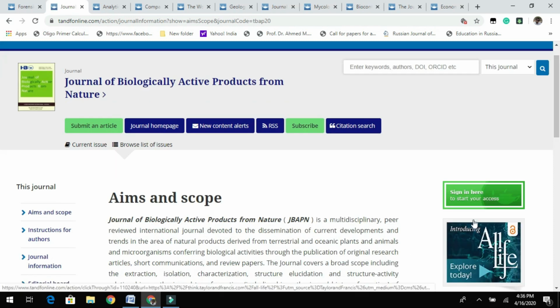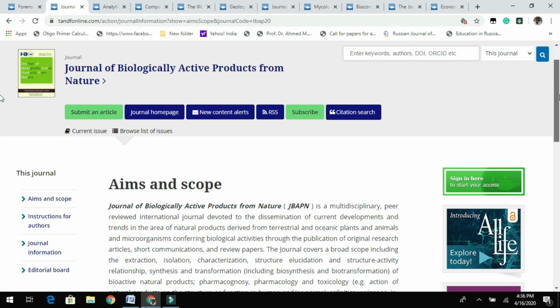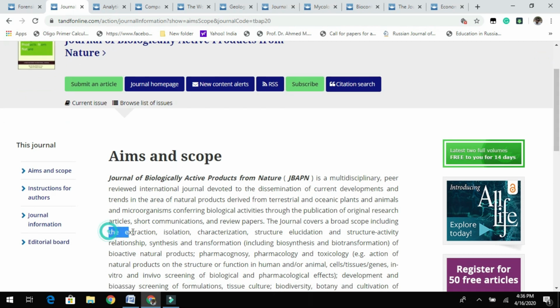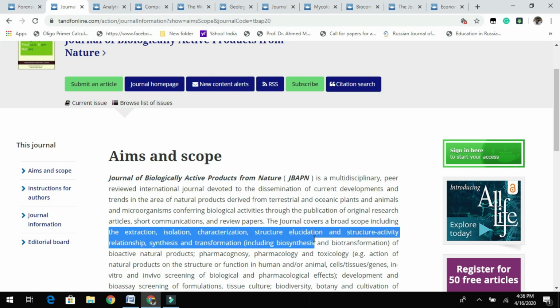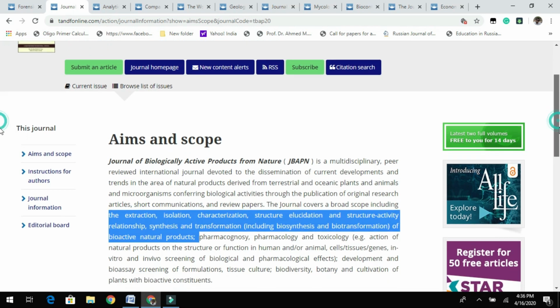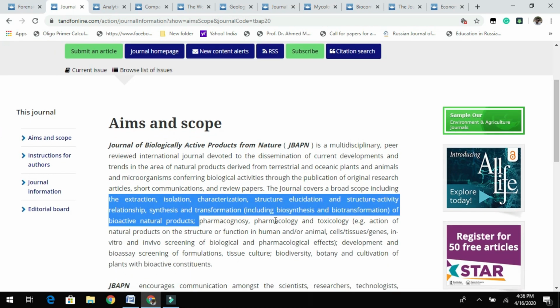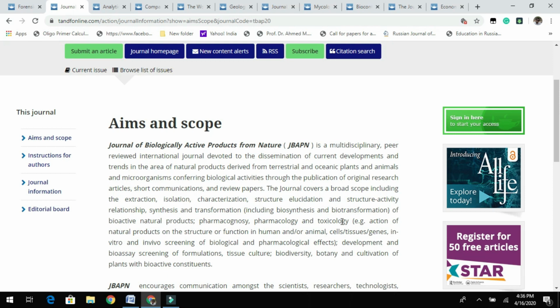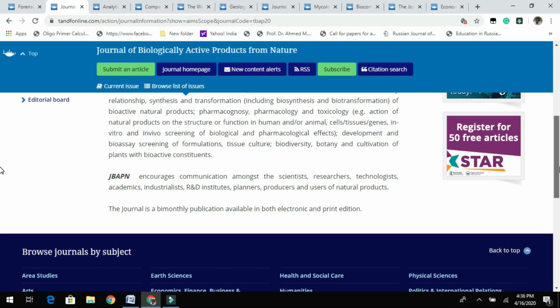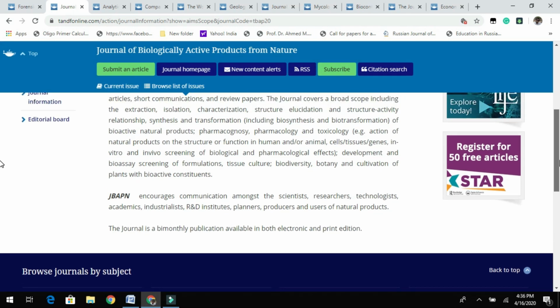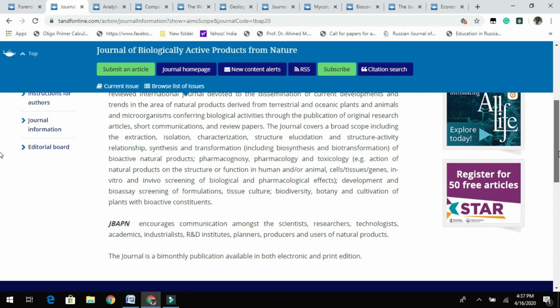This journal covers a broad scope including the extraction, isolation and characterization, structural elucidation and structure activity relationship, synthesis and transformation of bioactive natural products. If you are working on pharmacognosy, pharmacology, toxicology, then you can easily target this journal, and it is a bi-monthly publication in both electronic and print version.